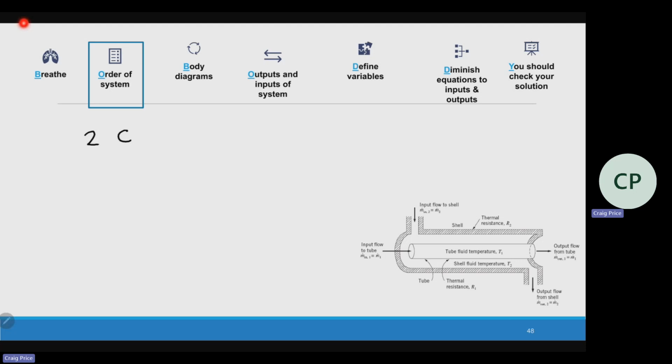One surrounds the other. So we really have like two different control volumes. So therefore, we're going to have two first order equations. One of them is going to be the T1 dot. So that's going to be one first order equation. The other one is going to be T2 dot. So I'm going to have one equation for each. And they definitely relate to each other, right? There's some heat passing in between the two of them.